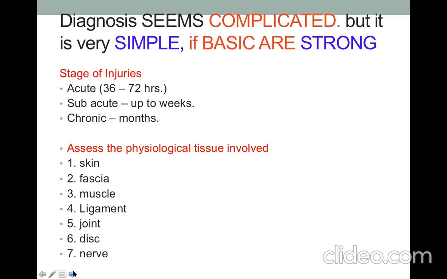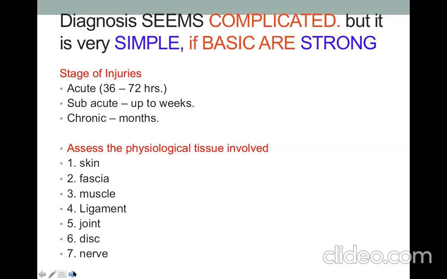Whenever you see any patient with lumbosacral dysfunction, these 7 physiological tissues are the most important: your skin, your fascia, your muscles, your ligaments, your joint, your disc, and nerve. Whenever you assess any patient coming to you with lower back pain, try to evaluate through all these physiological systems.